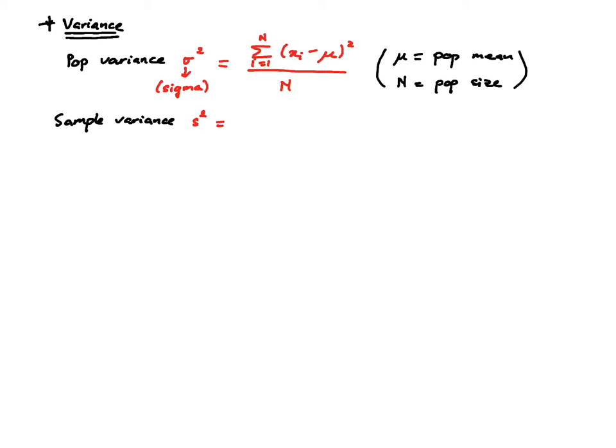S square is equal to the summation of xi minus x bar all square for i going from 1 to small n, divided by n minus 1, where x bar is the sample mean or sample average, and small n again is the sample size.